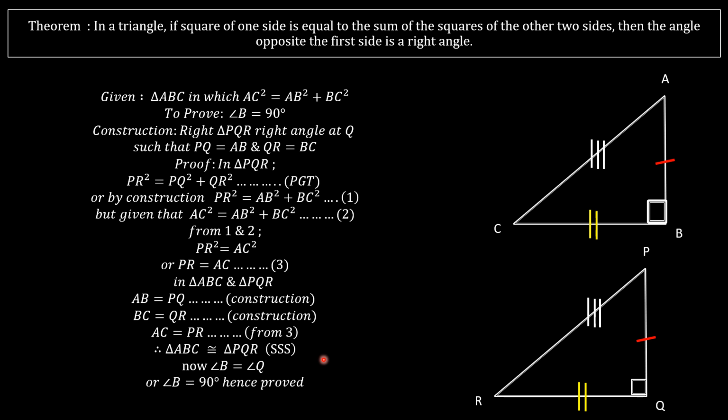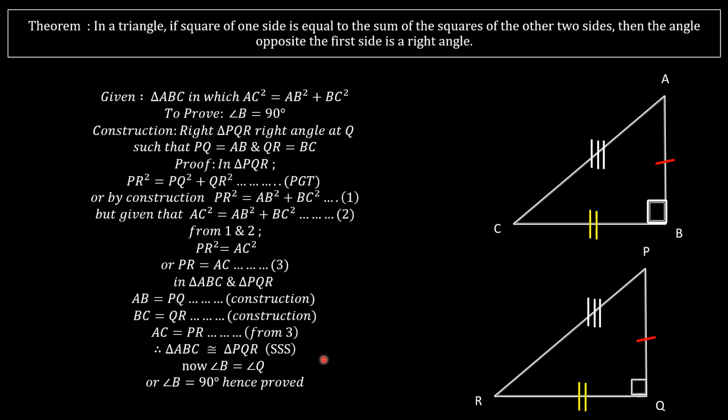PGT, converse of PGT, and it can be asked in many ways. Means directly you are asked to prove the converse of PGT, or you are given a statement like this: in a triangle, if the square of one side is equal to the sum of the squares of the other two sides, then the angle opposite the first side is a right angle.